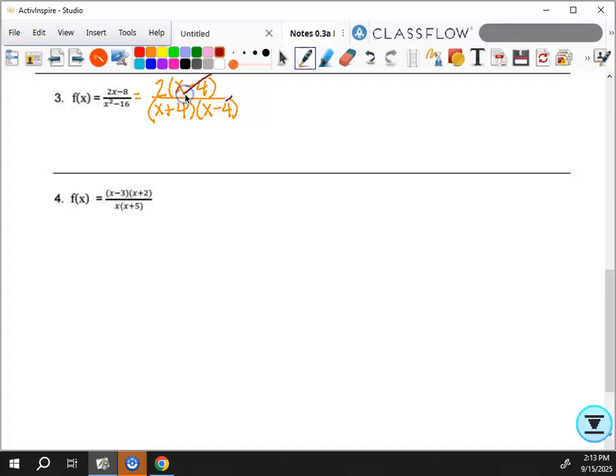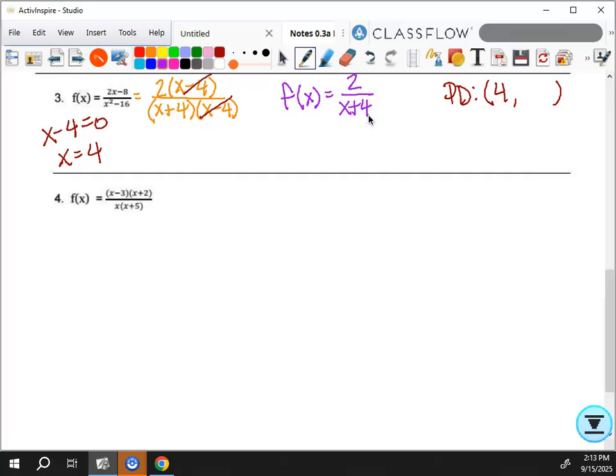And since I'm canceling that out, I put x minus 4 equals 0. That means x equals 4. Because it came from what I canceled out, that's part of my point discontinuity. My reduced function is 2 over x plus 4.